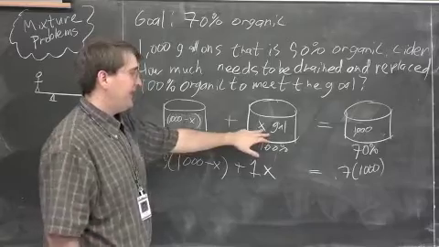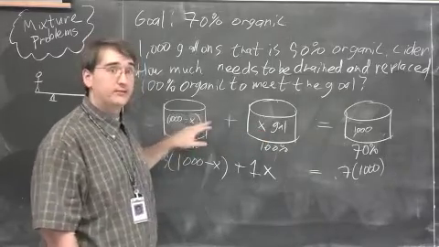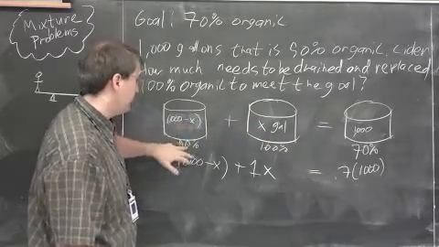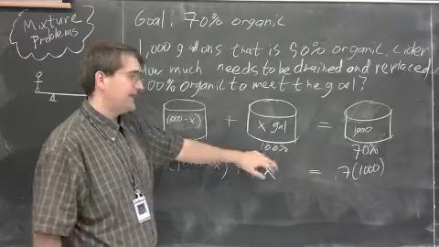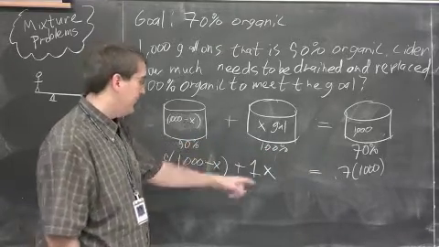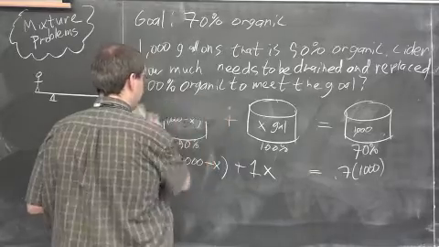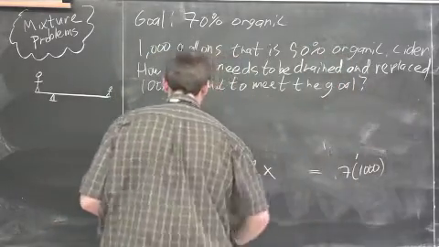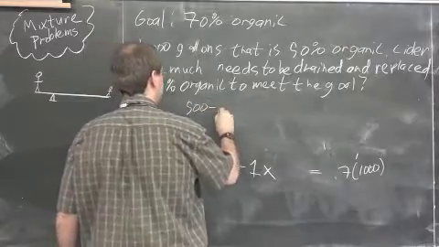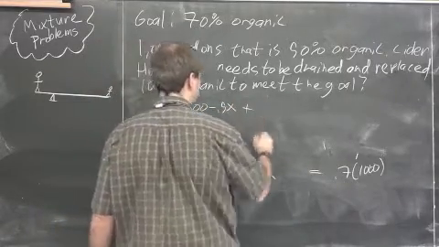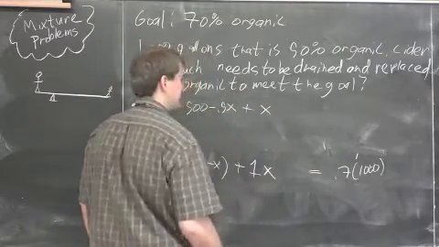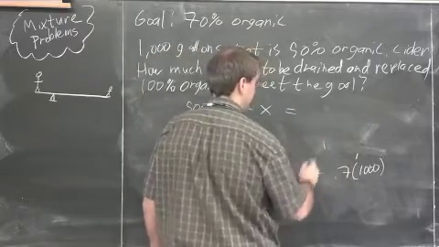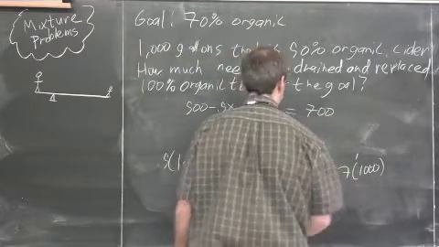So whatever we want to add, we first have to drain away to make room for it. So we're draining away some of the 50%, and we're adding on top of that the 100%. So this is my equation then: 0.5 times 1,000 minus X, or 500 minus 0.5X, plus 1X, or just X, equals 0.7 times 1,000, or 700.